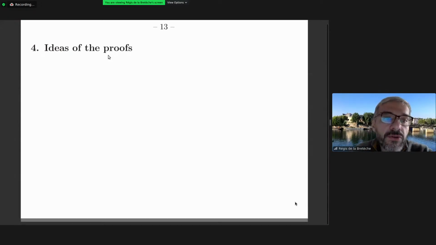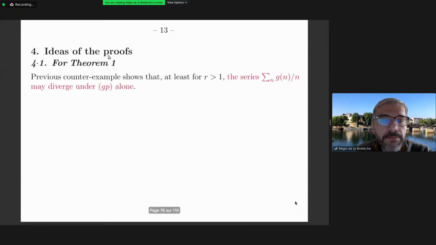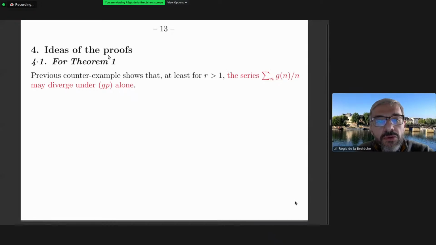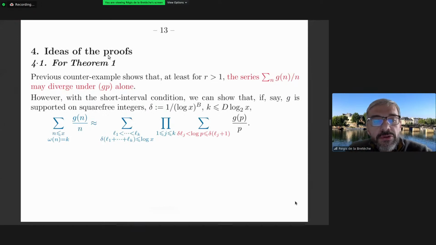So for the first theorem, we use a summation of j of n over n, but when we fix omega of n.